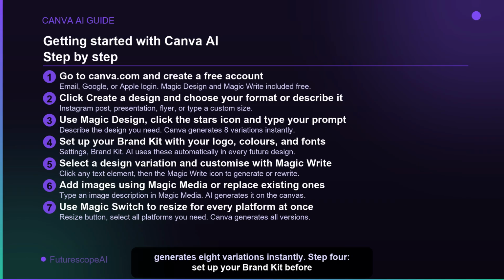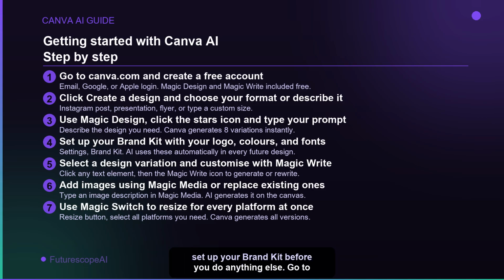Step 4. Set up your brand kit before you do anything else. Go to Settings, then Brand Kit, and upload your logo, colors, and fonts. From that point on, AI uses your brand automatically in every design. Step 5. Select the variation you like and customize the text using Magic Write. Click any text element, then the Magic Write icon to generate new copy or rewrite what is there.